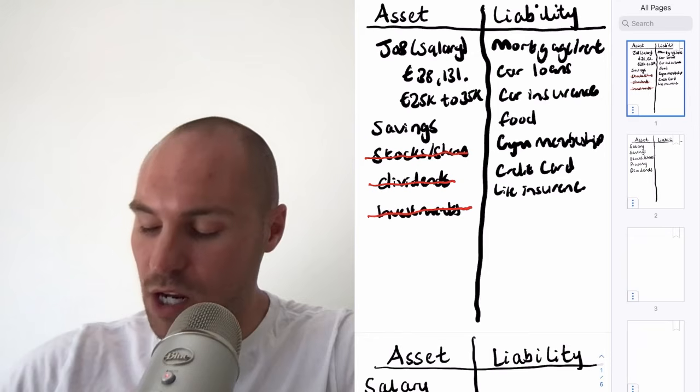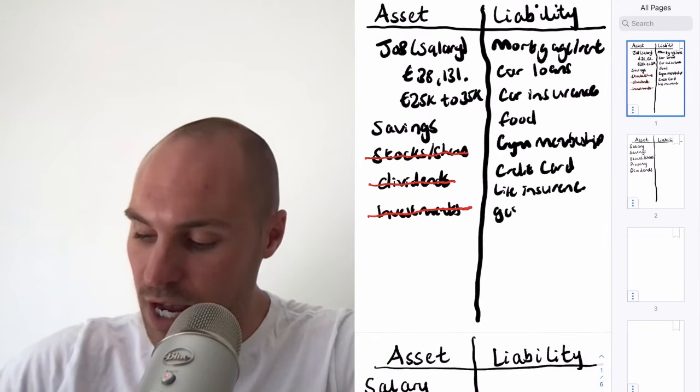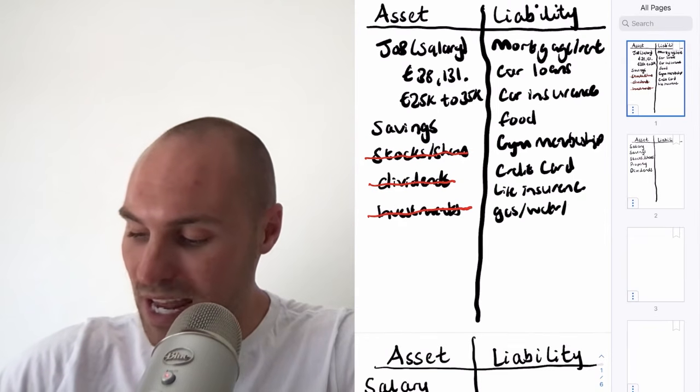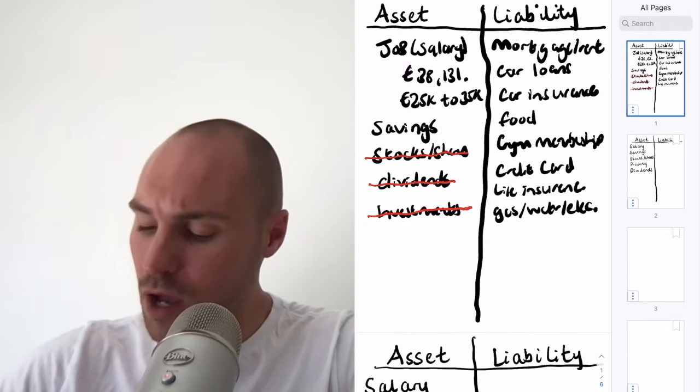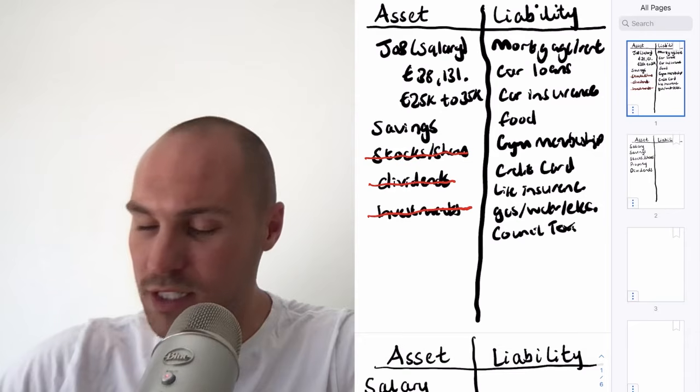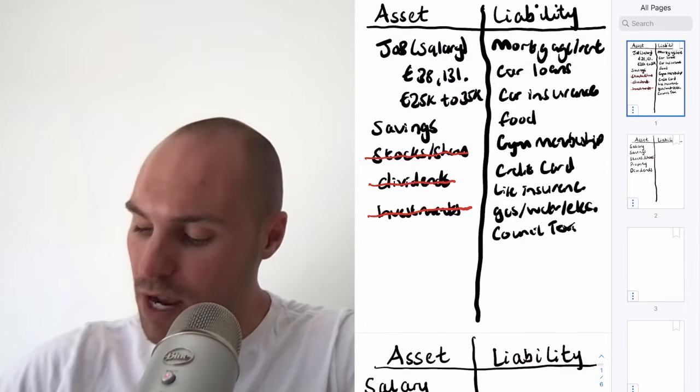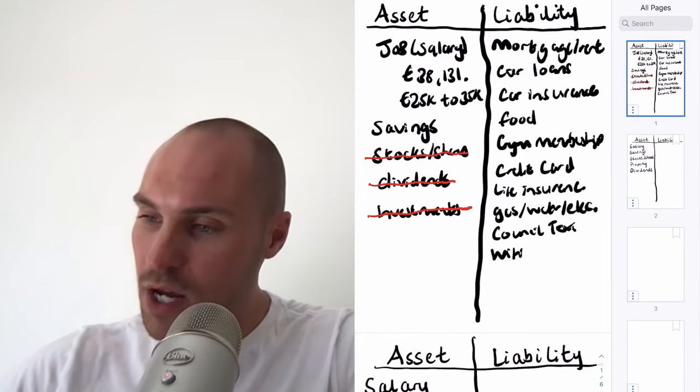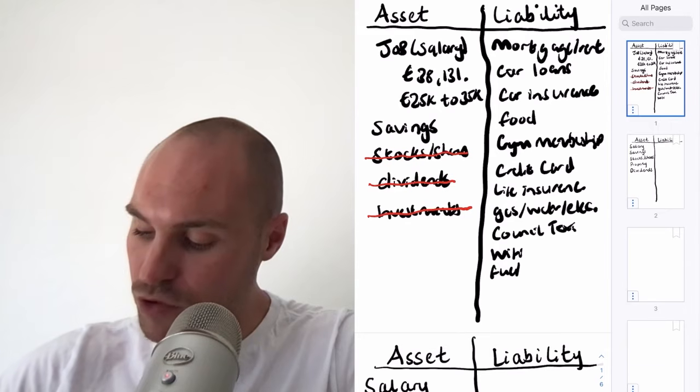And then you may have things like your utilities, your gas, your water, your electric, council tax, basically your general living expenses that you have every month. Then you might have Wi-Fi costs as well. Then you might have things like fuel and transportation.